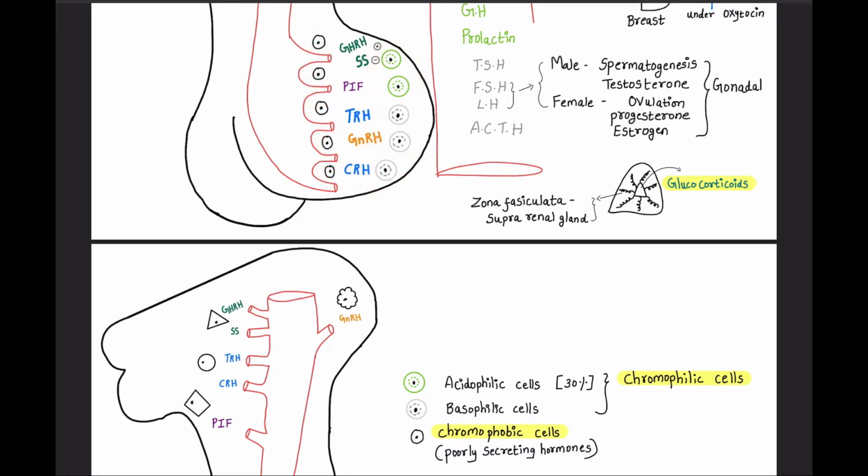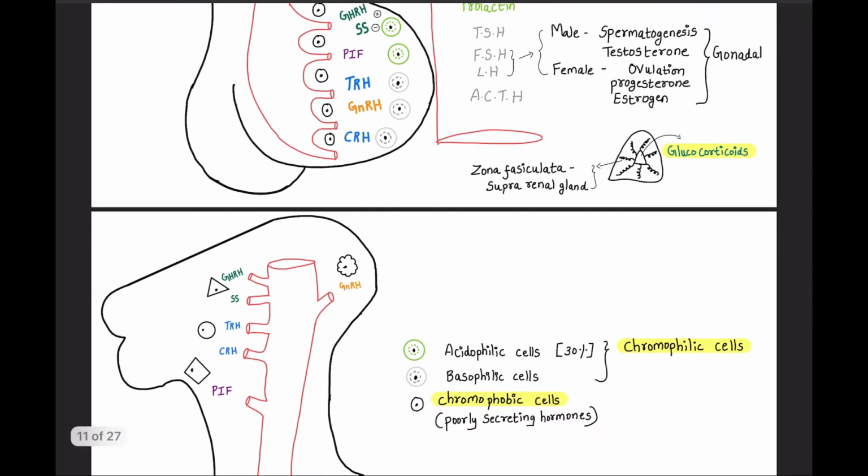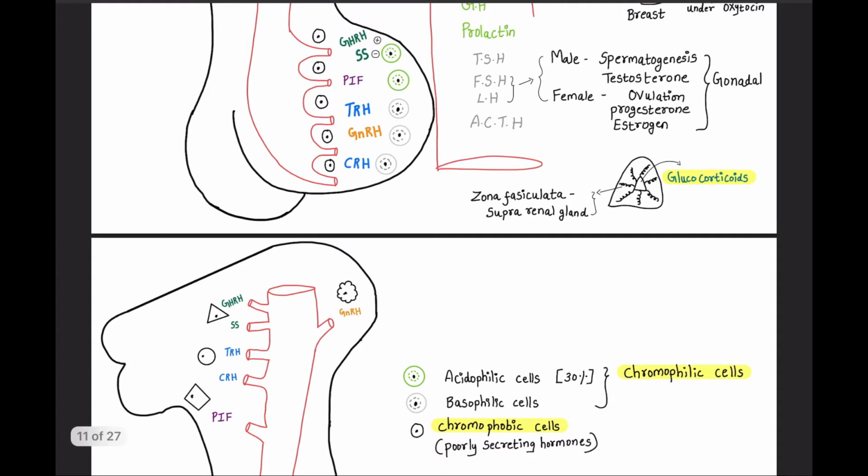Chromophobic means, phobia basically means fear. That is, in rabies you can see the patients have hydrophobia, that is the fear of water. So they are poorly secreting hormones.